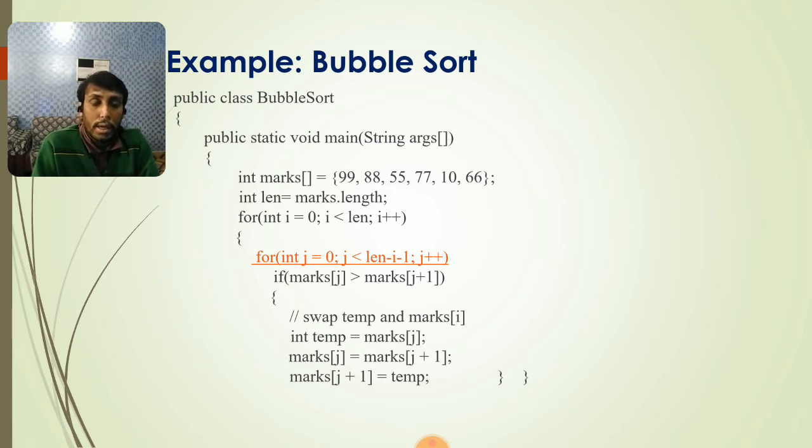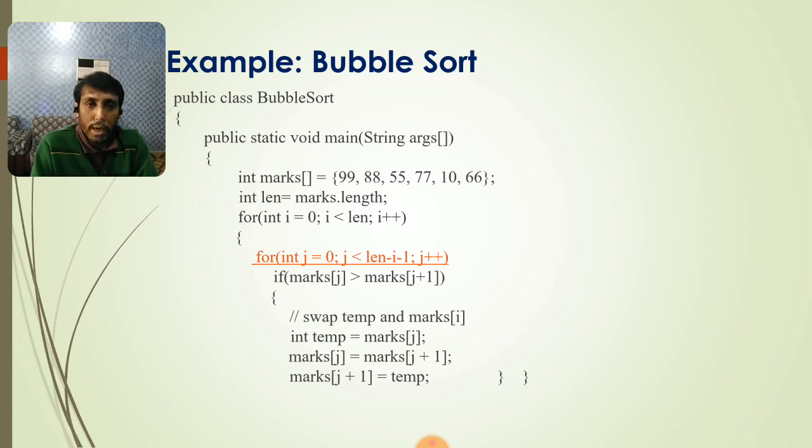So see, the number which is greater than the second number is shifted to the next. Look at the array: the first position is 99 and the second position is 88, and this condition is true. So we are swapping. After swapping, 99 will go to the second position and 88 will remain in the 0 position.